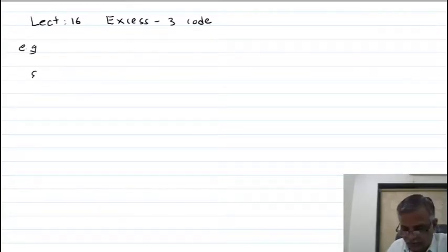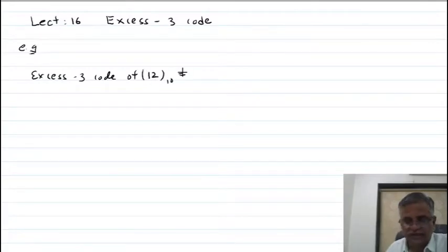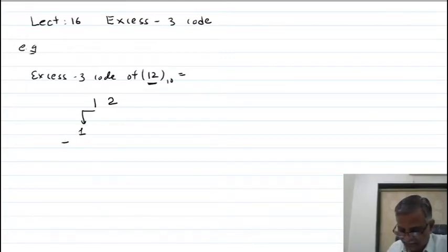Suppose you want to obtain the XS3 code of decimal number 12. How to obtain it? To find the XS3 code of 12, I told you to add decimal number 3 to each digit.